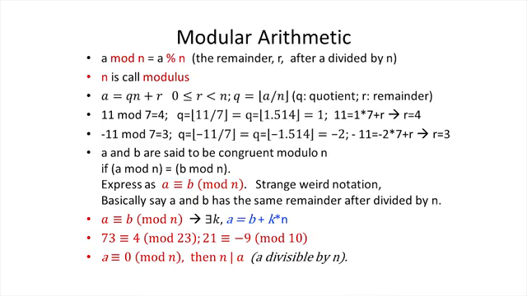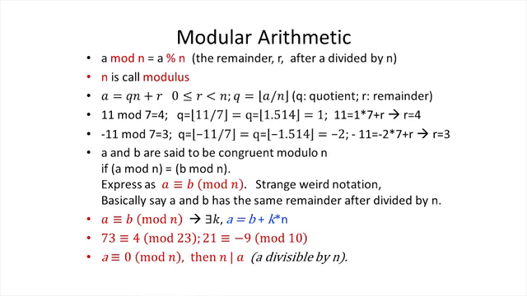It is a very strange, weird notation, but once you get used to it, you understand what it means and can interpret it quickly. Basically, it says A and B have the same remainder after each is divided by n.